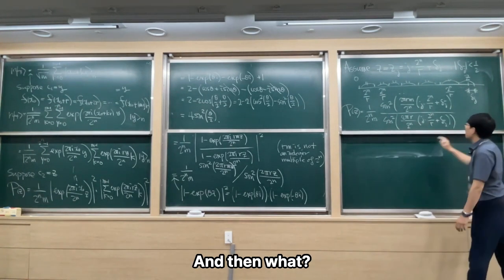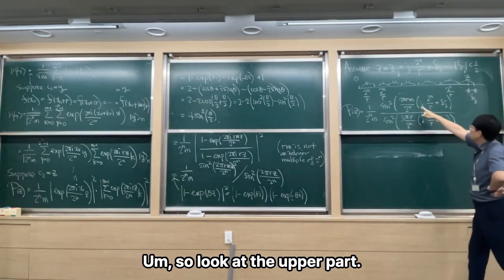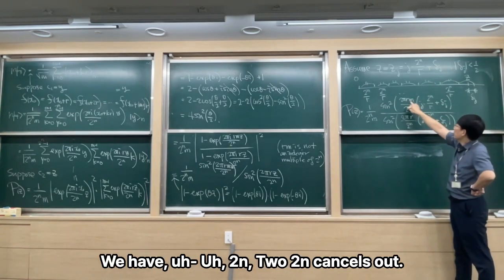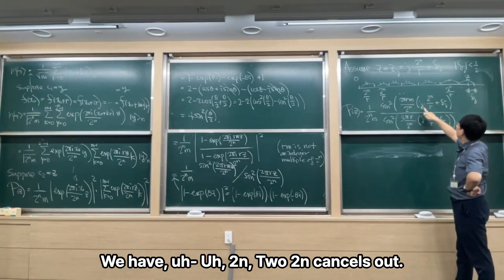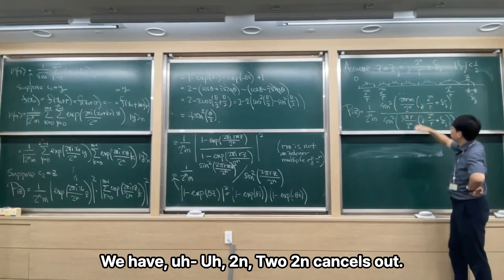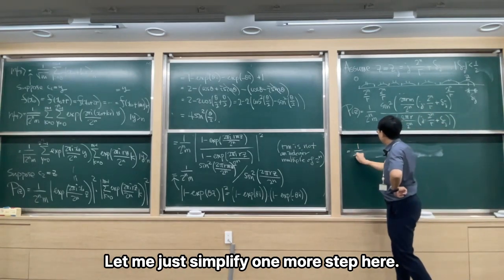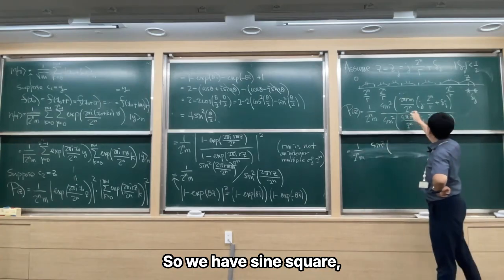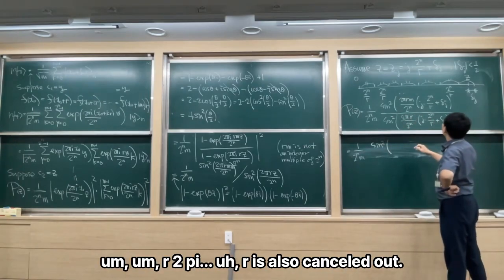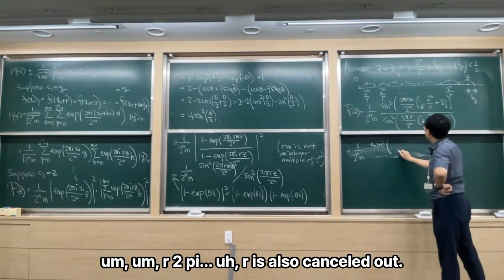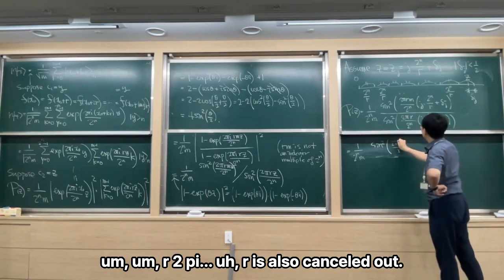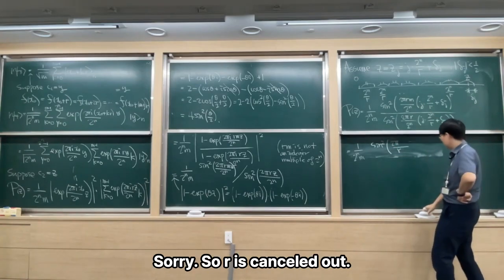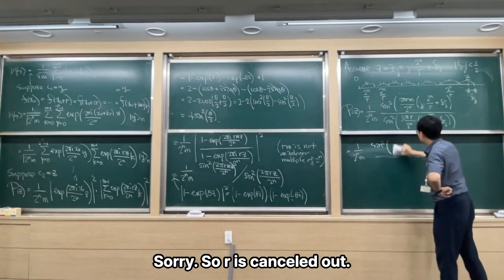And then what? So look at the upper part. 2^n cancels out. Let me simplify it one more step here. So we have sine squared, and r, 2π, r is also canceled out, sorry. So r is canceled out.